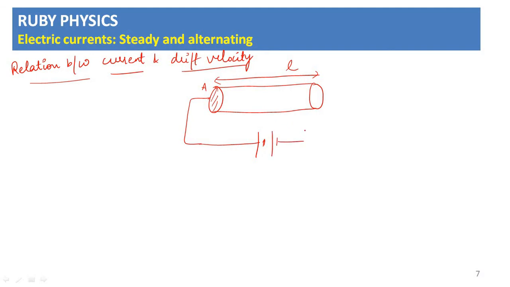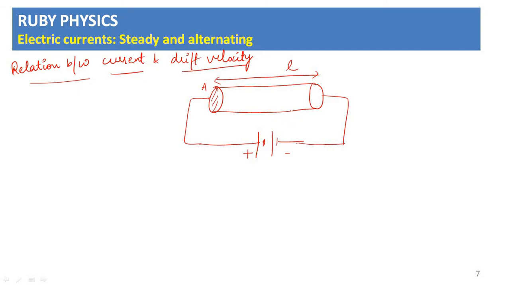If we connect the battery and a potential difference develops across the ends, some current will be generated.